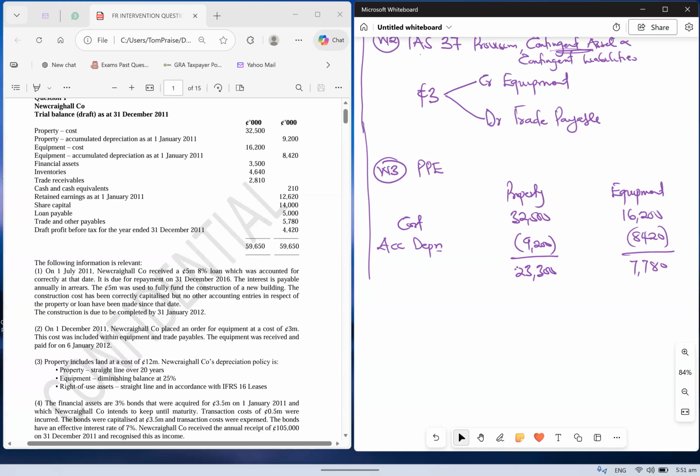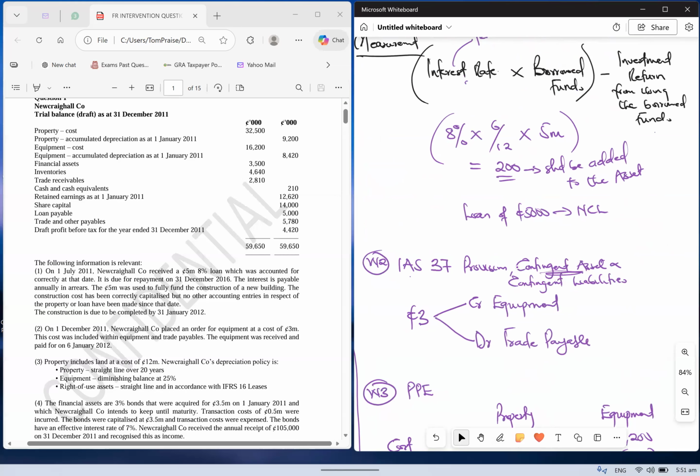This is where the borrowing cost you did can have an effect. So you have to go back, because we all know that they didn't add this 200 to the asset. But should we add it before we charge depreciation for the year or not? That is a question we need to ask ourselves. Obviously, this one was done in July.